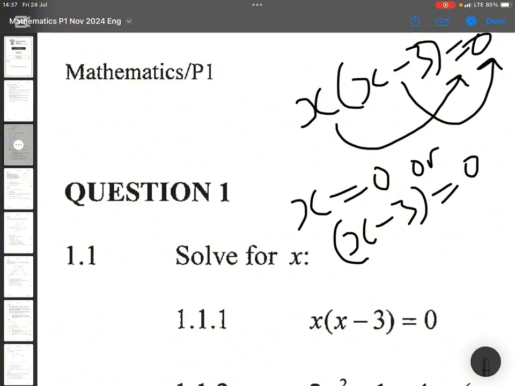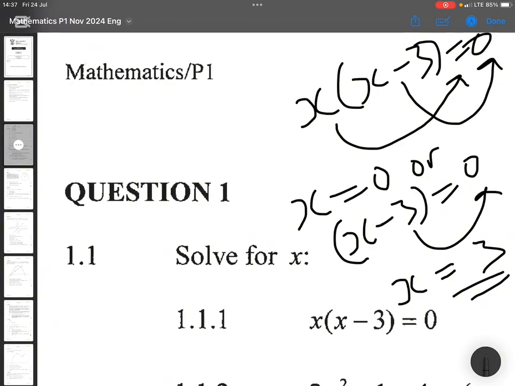You find a way to separate the like terms, you collect the like terms, you push the negative straight to the other side. So you'll have x equals positive 3 when you move to the other side of the equation.